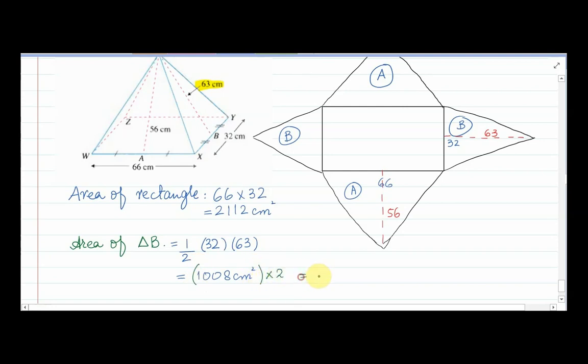and that is equal to 2016 centimeter square, right? Up till now we have the area of the base and the area of the triangle B, both sides. Now we need to find the area of triangle A. Like B, the area of A is equal to 1/2. The value of base, it's 66.